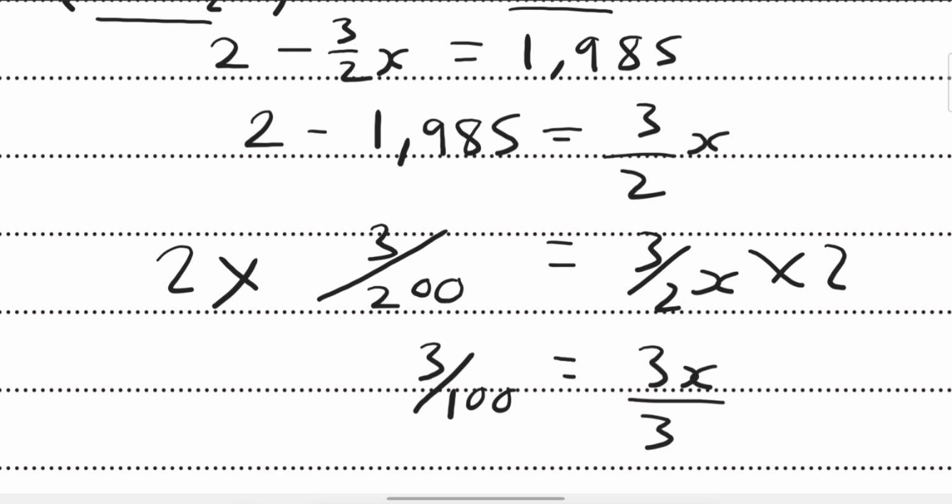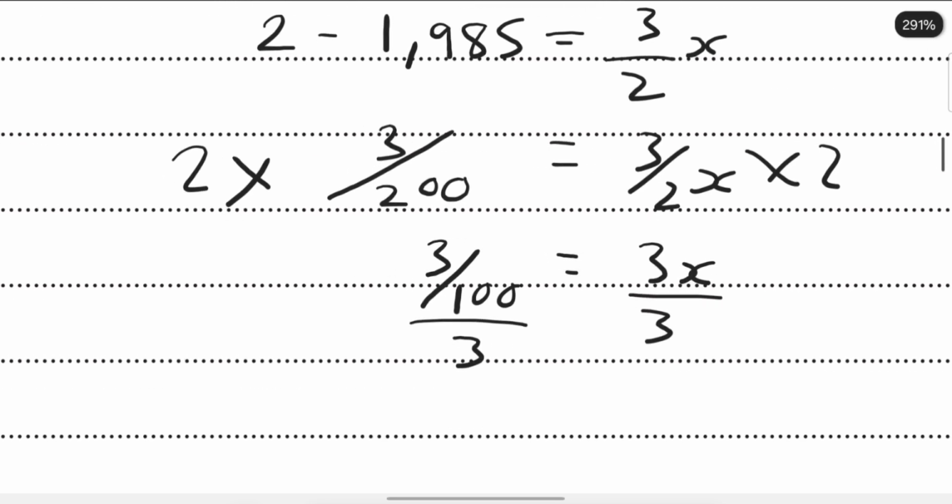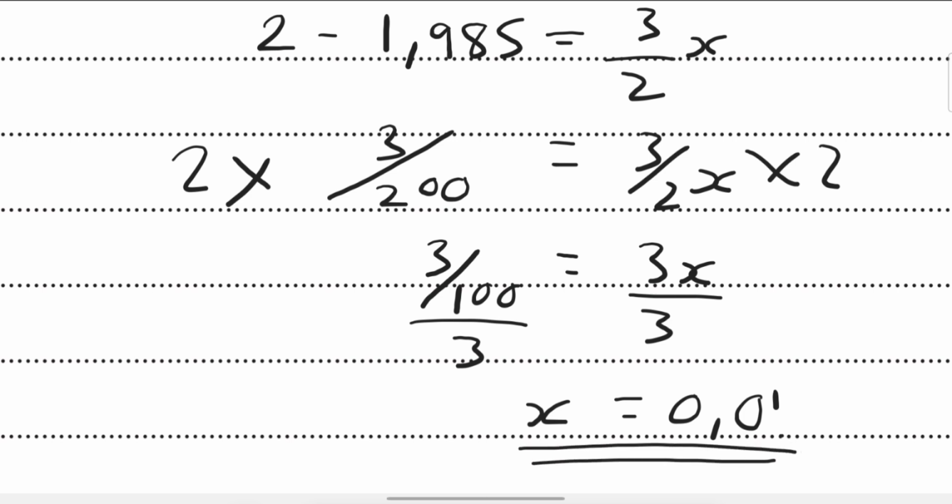Then I'm going to divide both sides by 3 to get x equals 0.01, right? So this is the suitable value of x that the question is talking about.